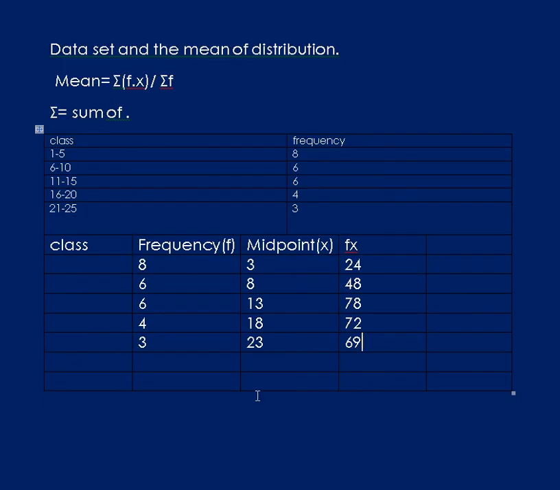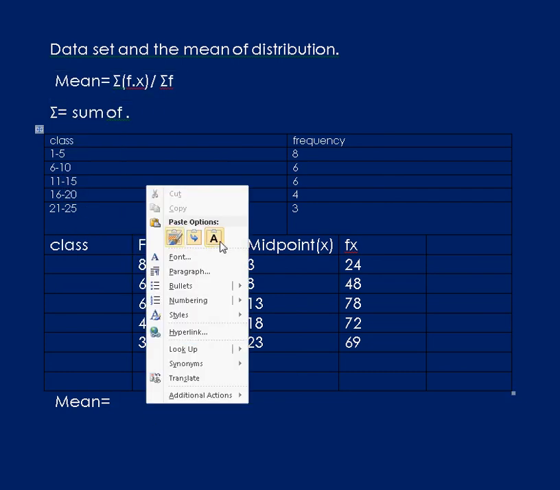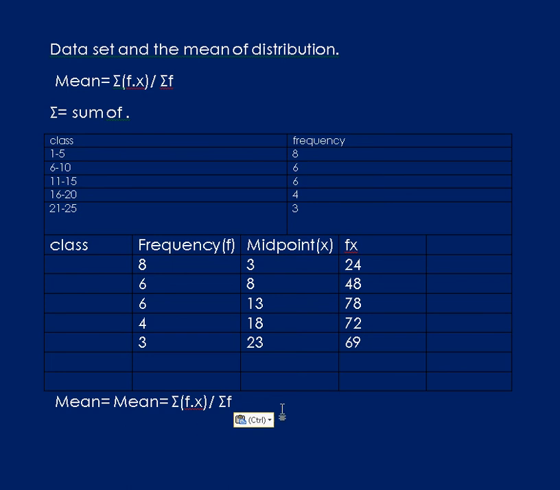Now that you have this, you're going to find the mean. The mean is the formula above, so let's copy it here. The mean is the sum of all the fx divided by the sum of the frequencies.